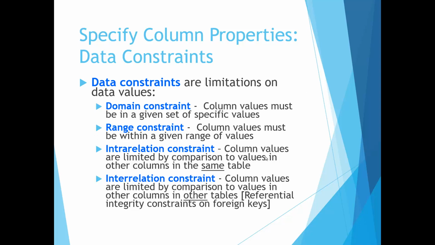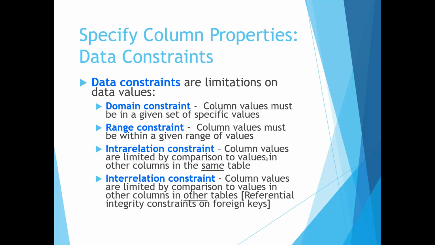For example, domain constraints: column value must be in a given set of specific values. Range constraint: column values must be within a given range of values. Interrelation constraint: column values are limited by comparison to values in other columns in the same table.